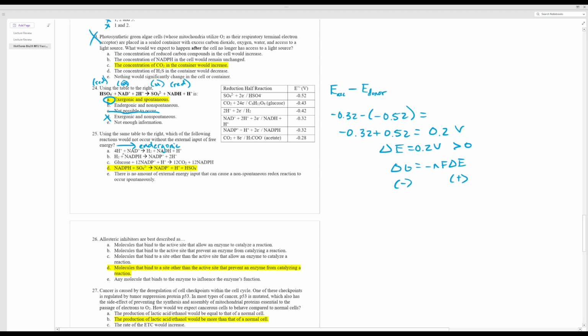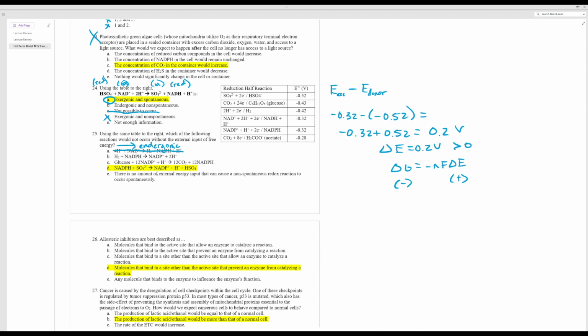Let's see. 4H plus NAD plus goes to H2 plus NADH. We have an oxidized thing, 2H plus, and NAD plus. We have an oxidized plus an oxidized form. That's not endergonic. That's not exergonic. That's not physically possible. Because you have two oxidized things.